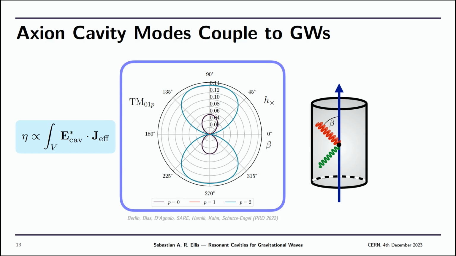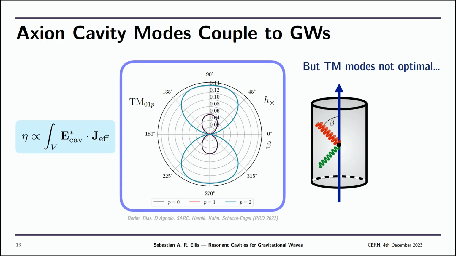So this angle beta is the angle of the gravitational wave with respect to the cylindrical axis of the cavity. Since most of these axion haloscope cavities are indeed cylinders, you will see that if it's coming in straight up or straight down, the sensitivity is 0. But as long as it's any other angle, there is going to be sensitivity in an axion haloscope.